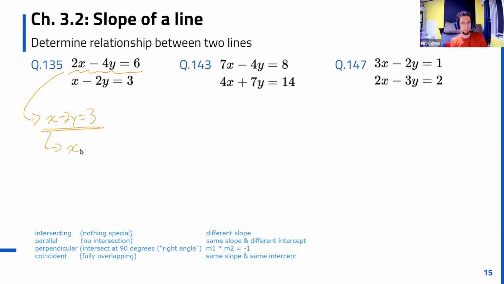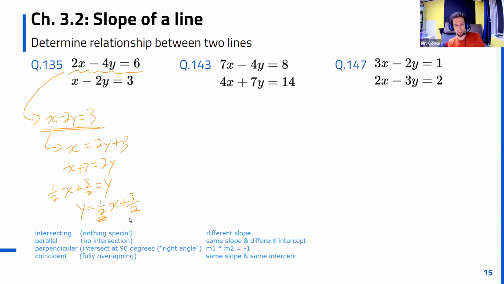So x equals 2y plus 3. So x minus 3 equals 2y, and we'll divide both sides by 2 here. 1 over 2 x minus 3 over 2 equals y. Flip this around, y equals 1 over 2 x minus 3 over 2. A few extra steps there.